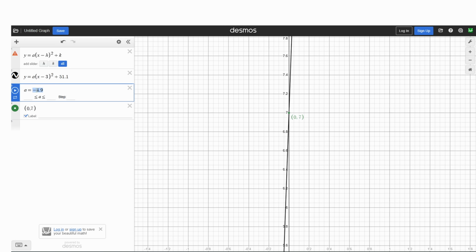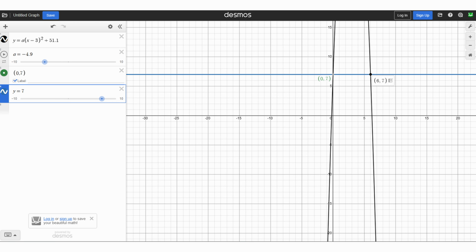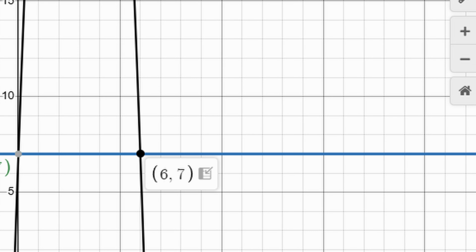You can just get to negative 4.9. And so now you know your a value. So the question wants to know when it returns to a height of 7 meters. If you type in y equals 7 into Desmos, you will clearly see the line intersects at x equals 6. And that's where you can just choose letter B, which is 6.